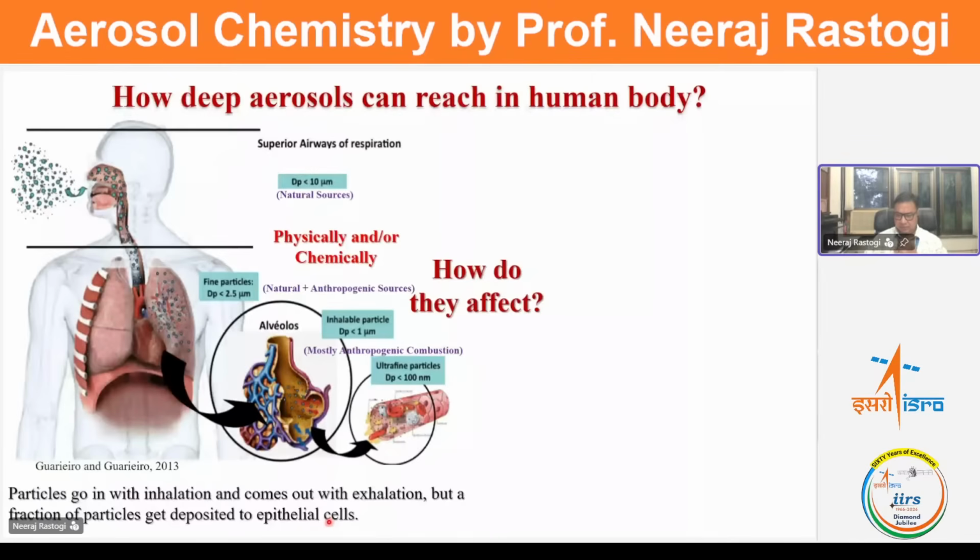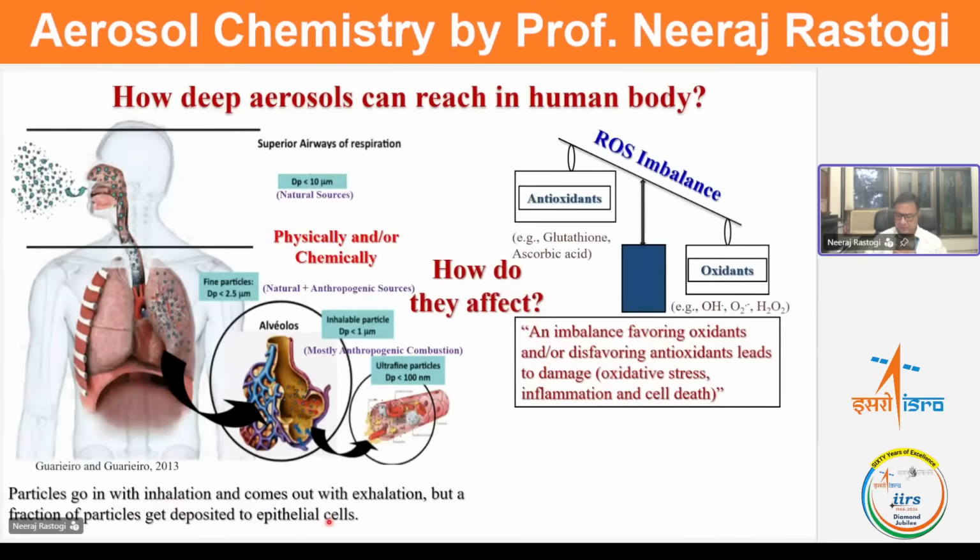So how do they affect us actually? There are multiple mechanisms, and one of the quite accepted mechanisms is through ROS imbalance. What is that? ROS means reactive oxygen species. In our body, we have antioxidants like glutathione or ascorbic acid. We also have oxidants in our body like hydroxyl radical, superoxide ion, hydrogen peroxide.